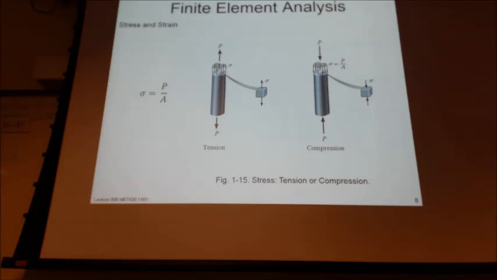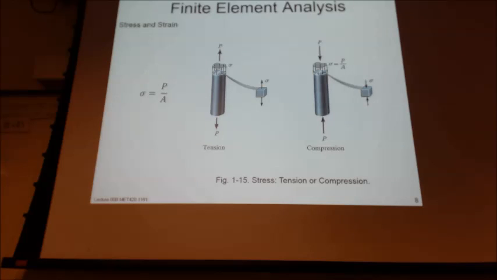The other assumption is that P is along the axis of the material, and our material is homogeneous and isotropic, right? So homogeneous means the physical and mechanical properties throughout the volume are the same. So think of steel.